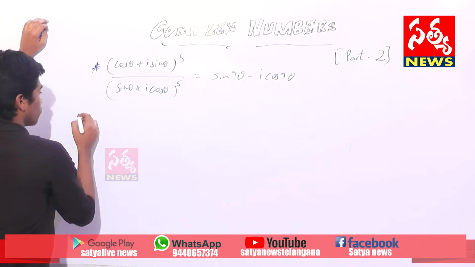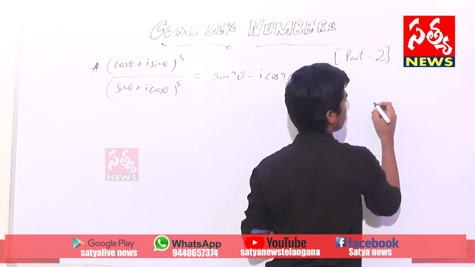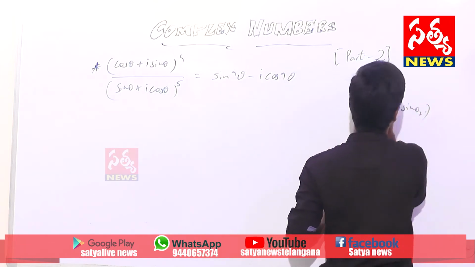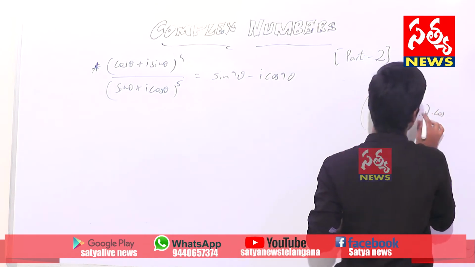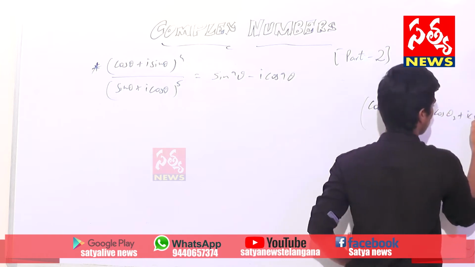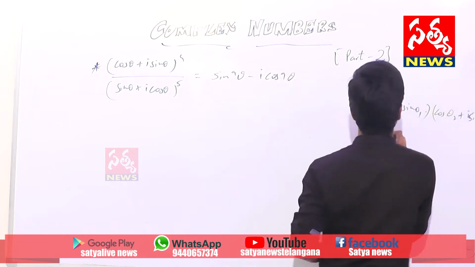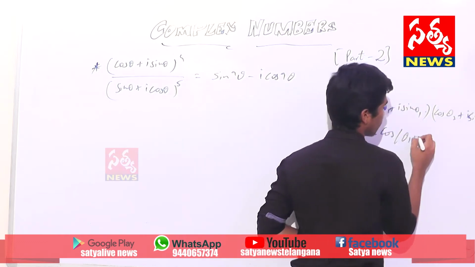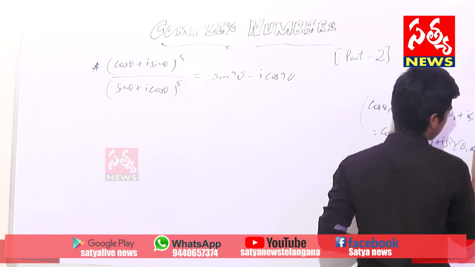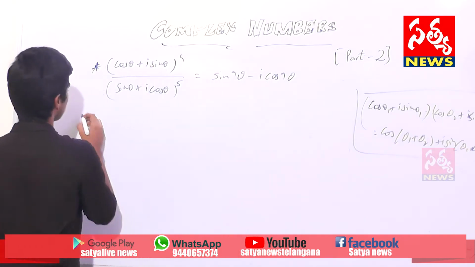Before doing this problem, I am going to state a formula. (cos theta 1 plus i sin theta 1) into (cos theta 2 plus i sin theta 2) is equal to cos of (theta 1 plus theta 2) plus i sin (theta 1 plus theta 2). Remember this formula, we are going to use it here.